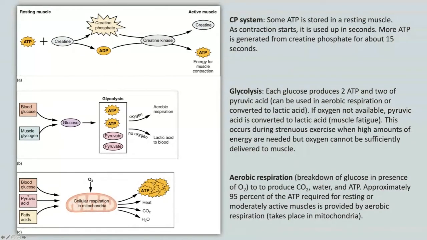And this one down here is the best. Cellular respiration in the mitochondria, aerobic respiration in the presence of oxygen: glucose, pyruvic acid, and fatty acids will be used in the mitochondria to produce tons of ATP, 30 to 32 molecules, and carbon dioxide and water that we can easily eliminate. Carbon dioxide is not going to produce acidosis unless someone has a respiratory problem.